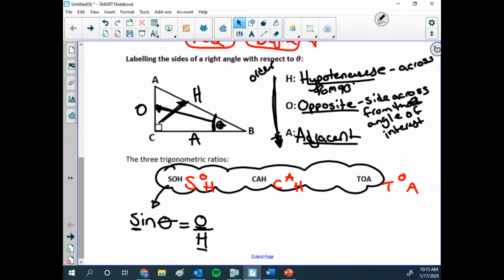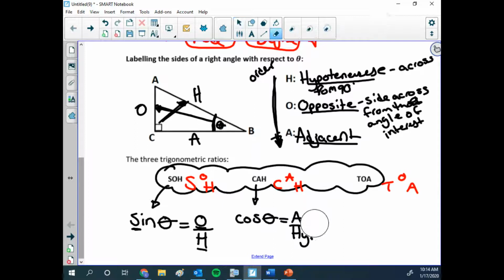CAH is the cosine, which is equal to what? Cos theta is equal to CAH, which would be what? Adjacent over hypotenuse, or A over H. Generally, I don't really say the full word, but it's there.